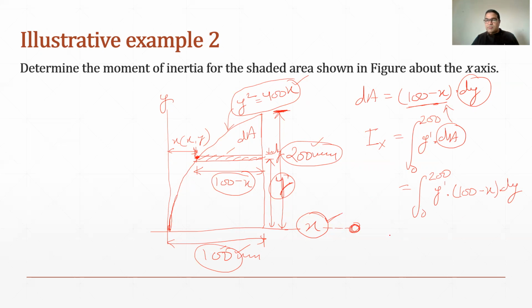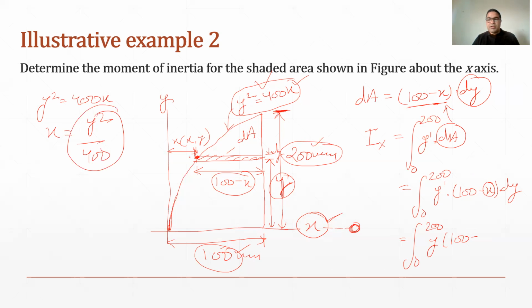Now further, what we will do is 0 to 200 of y squared into 100 minus x. The value of x can be written from this equation because the equation of the curve is given, which is y square is equal to 400x, or we can say x is equal to y square by 400.